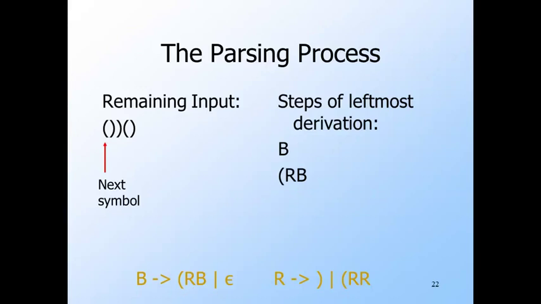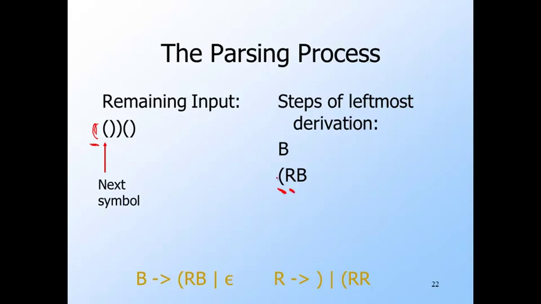Here we've made the expansion. The first left paren is removed from the input since it has been matched. That is, it appears to the left of the leftmost variable in the current left sentential form. In essence, this left paren is what used to be on the input there. Our next input symbol is another left paren, and we have to expand r, the leftmost variable.